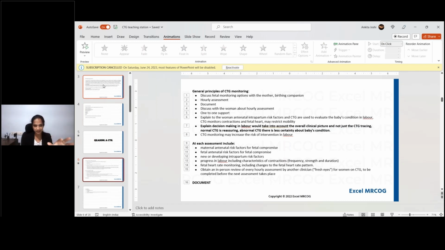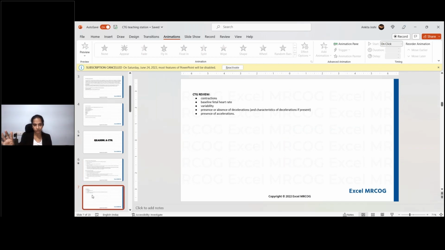You may forget some points, that's fine, but remember to say things like look at the overall clinical picture, talk to the woman about the CTG and her assessment, see if there are any ongoing risk factors, and do an assessment and document. Don't forget to document. That's important.